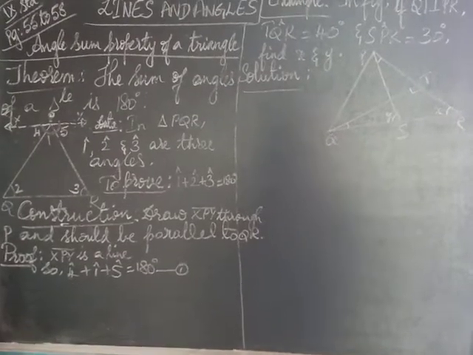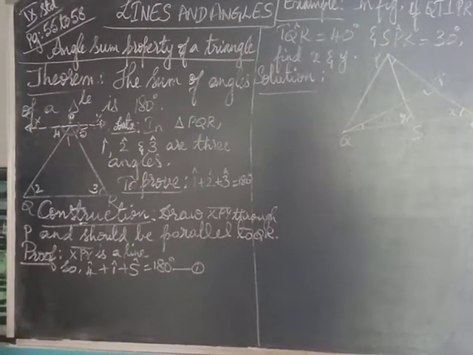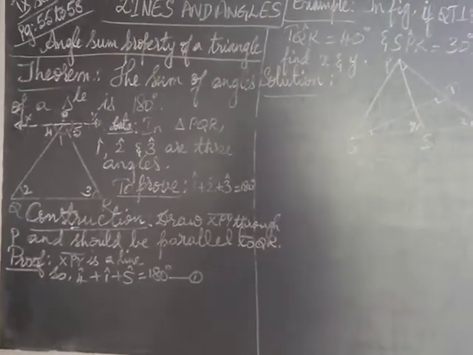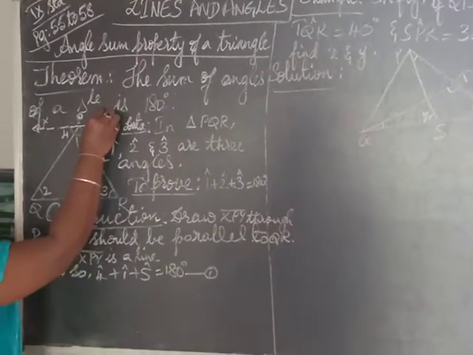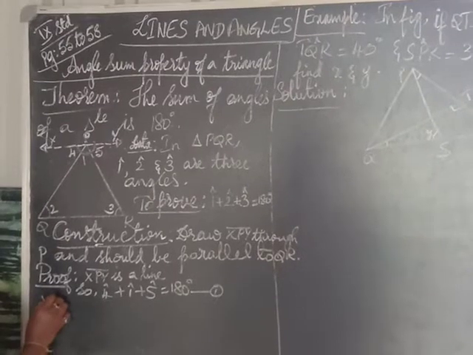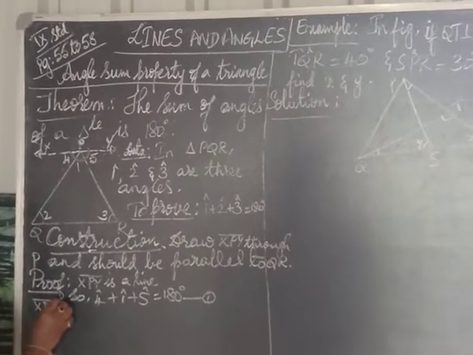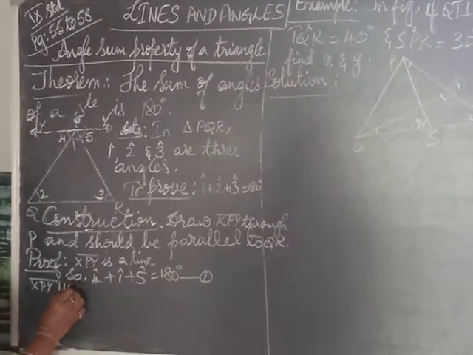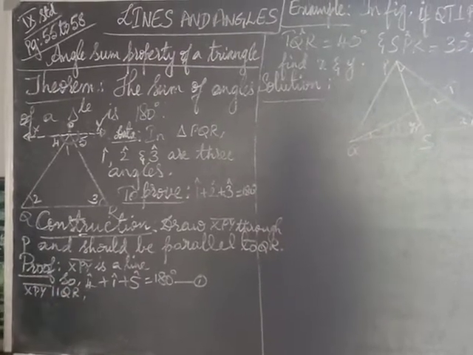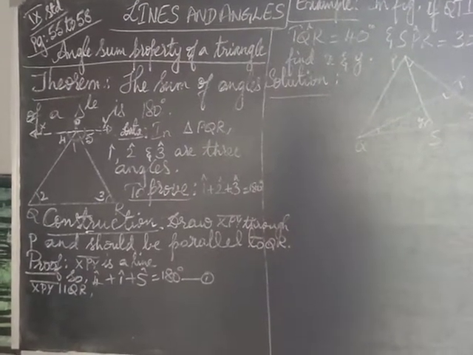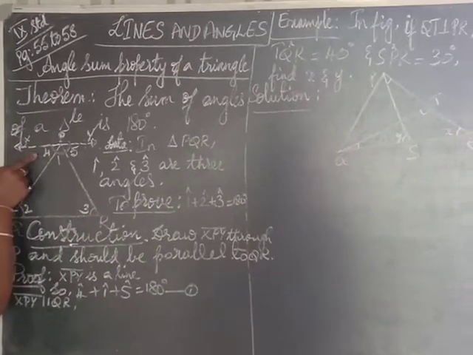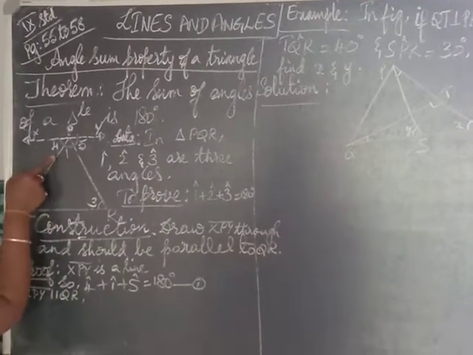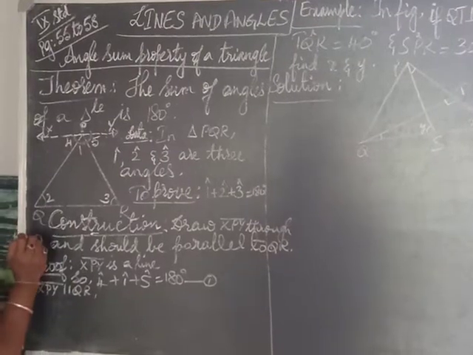Then what is the next? XPY is a line, and this is parallel to QR. Yes or no, children? Since the two lines are parallel, we get alternate angles. How are we getting alternate angles?